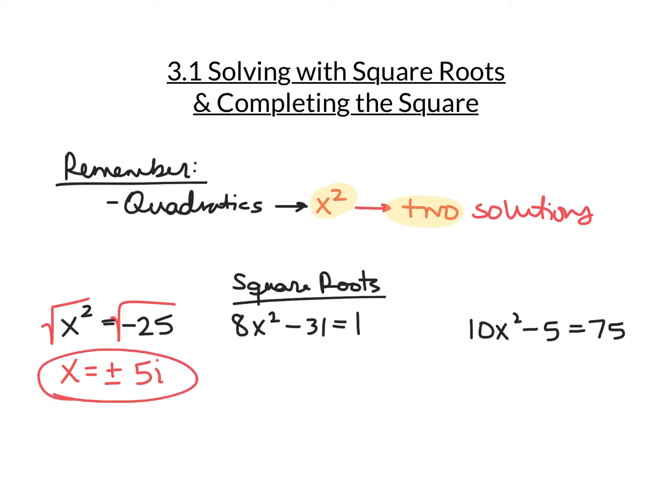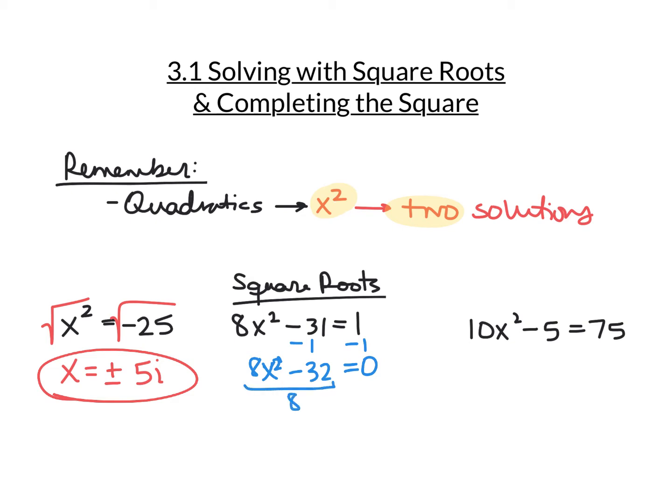All right, this next question, you have a few options. We could make this equal 0, like we were doing with factoring, so I'm going to do that real quick. 8x squared minus 32 equals 0. And if we do that, I can now take a GCF out.